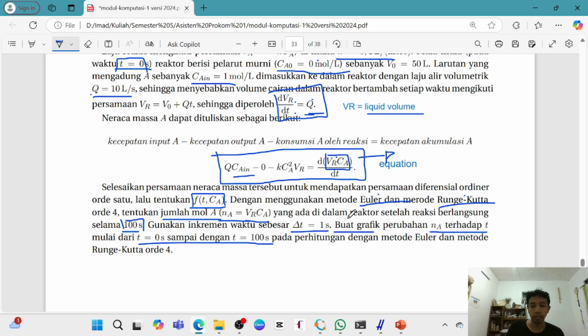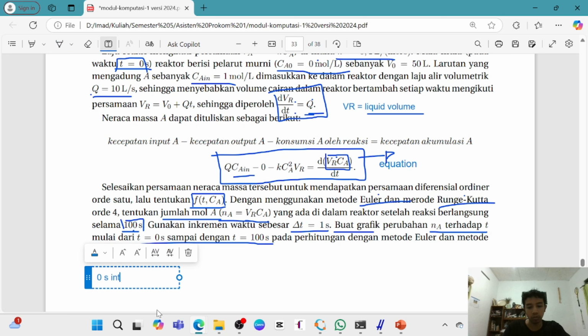And this reaction runs for 100 seconds. We start from zero seconds into 100 seconds.